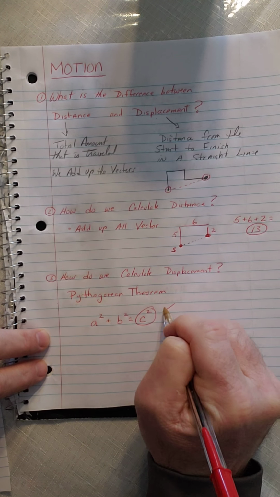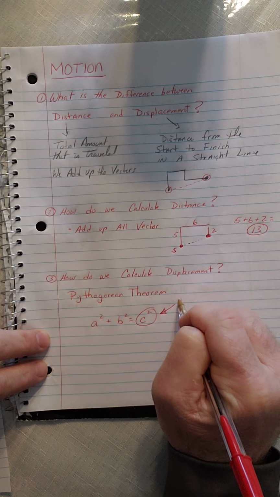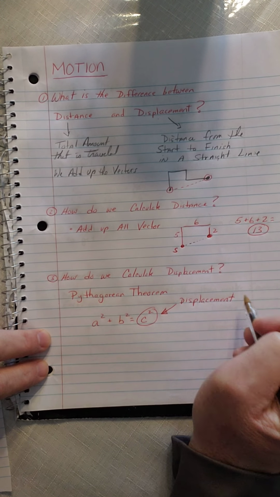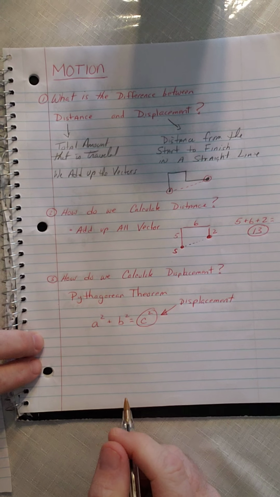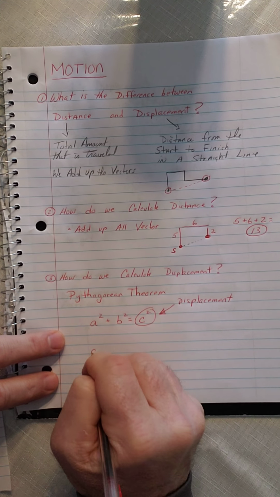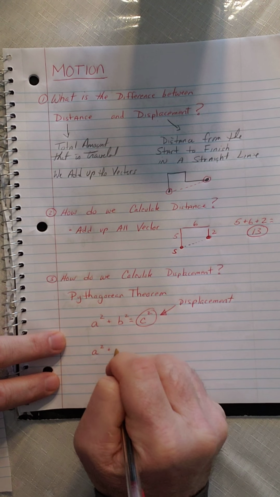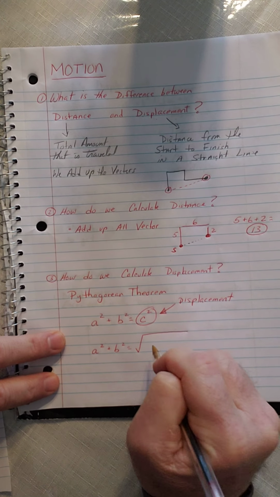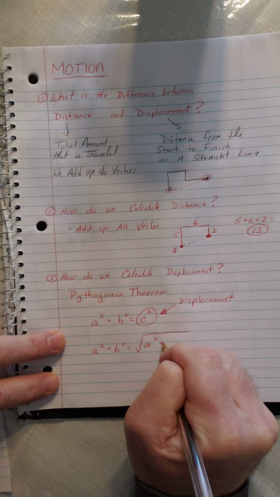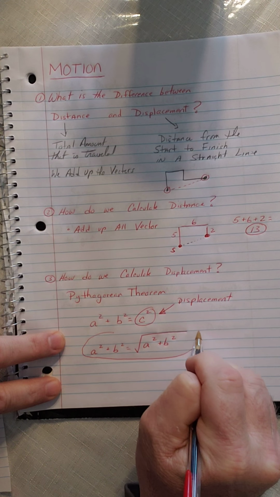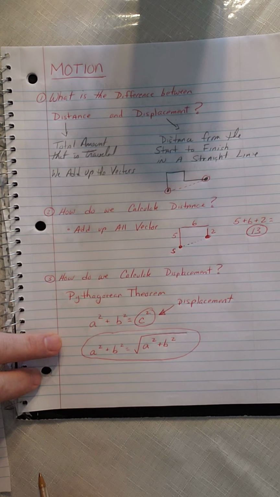The c, in our case, is going to be displacement. However, we're going to tweak it a little bit. We are going to say displacement equals the square root of a squared plus b squared. This is how we are going to use it to calculate displacement.